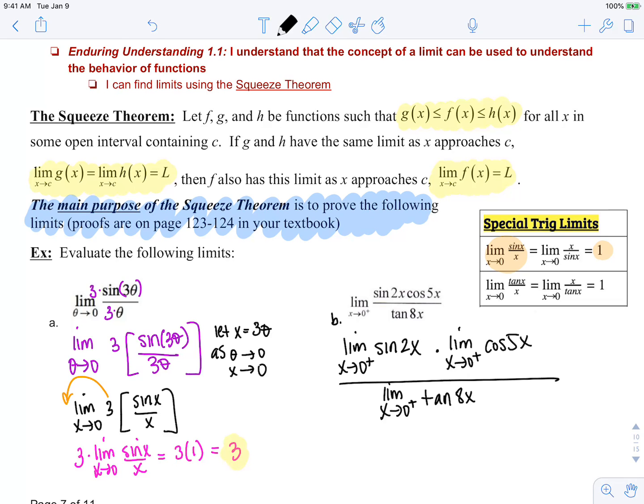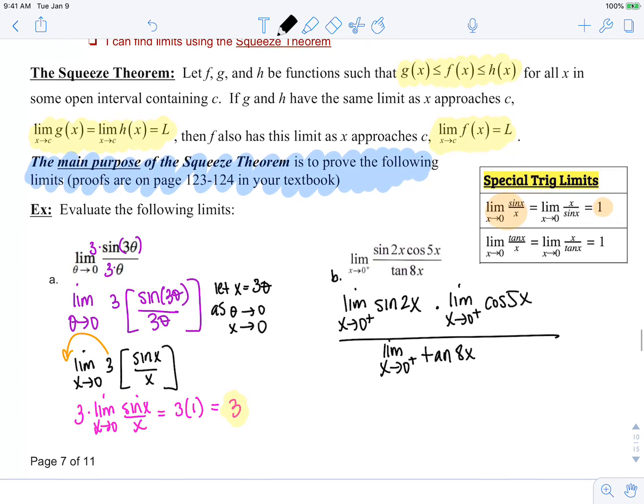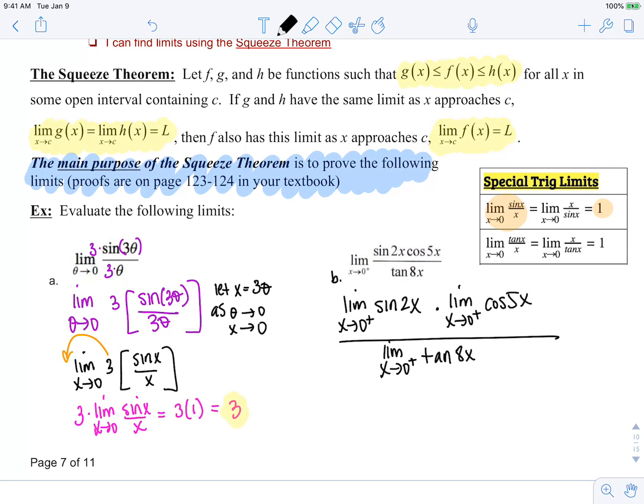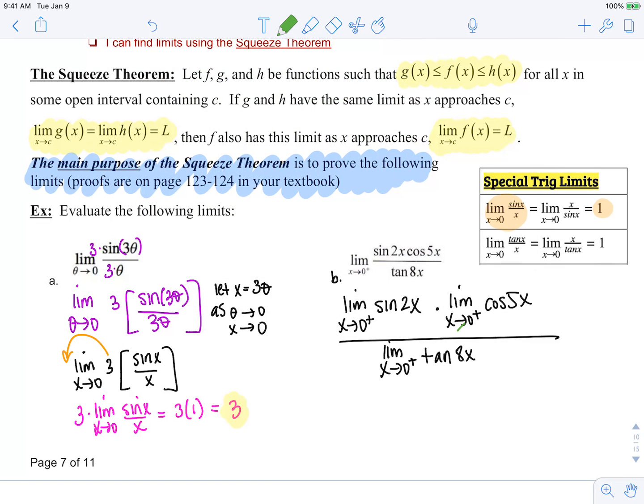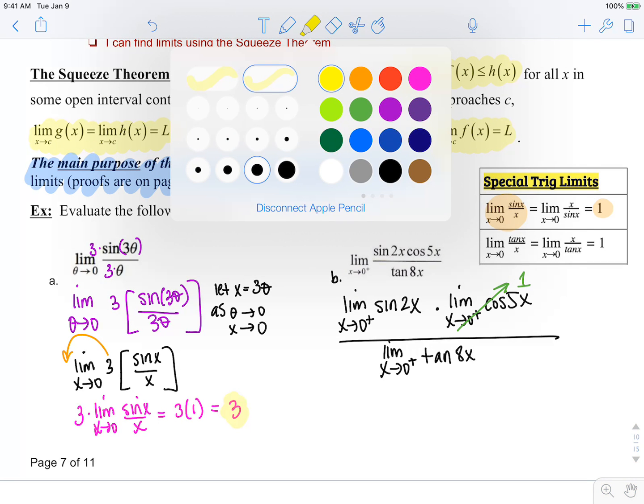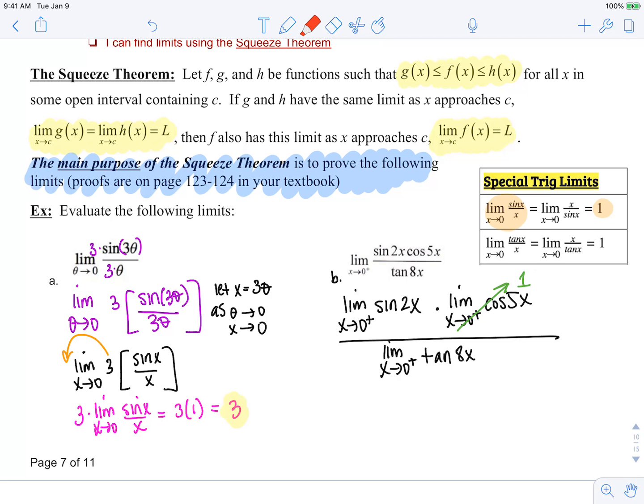So I am doing this very worked out in a long formal fashion. We will turn this into shortcuts later. So first, as x approaches 0, cosine of 5x is going to approach 1. So we don't need to worry about that limit anymore. However, the limits as x approaches 0 of sine 2x and tangent 8x look very similar to these special limits on the right.